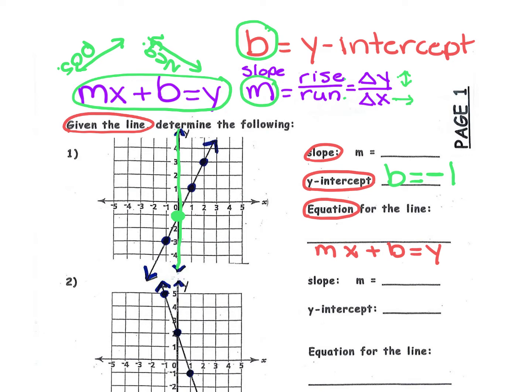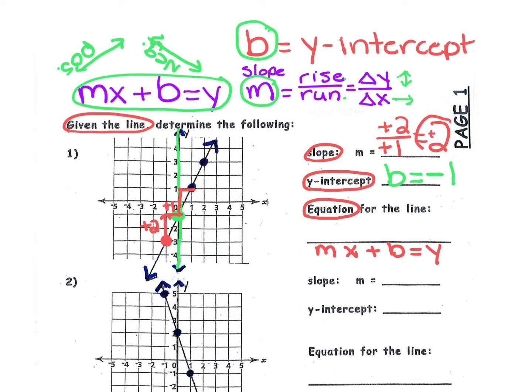When it comes to the rise and the run, we take the point furthest to the left and we go up +2 over +1. Check it again. It's up +2 over +1. And when we divide a positive by a positive, we get a slope of +2.